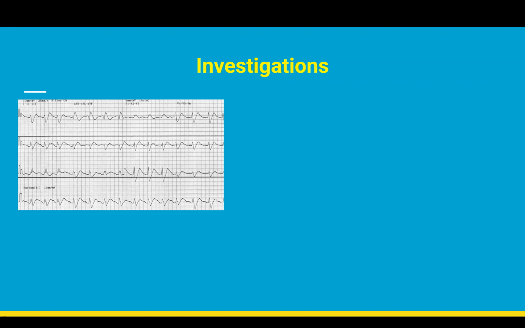One of the first things we want to do is get an ECG. The ECG is going to give us the diagnosis, like the one on the screen, which is the classic. It's going to be a broad complex tachycardia.